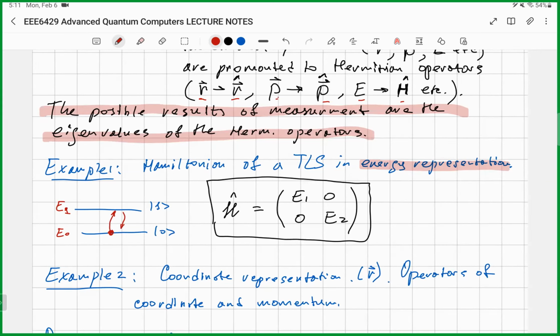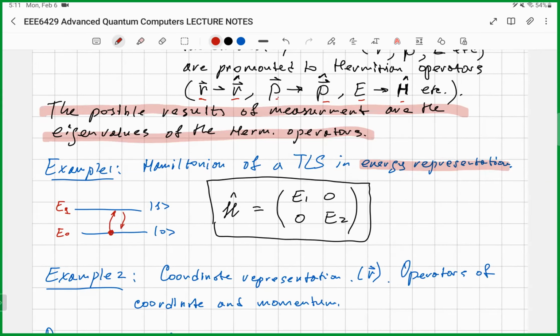And considering different bases that belong to different operators, you can represent the same system using different representations.